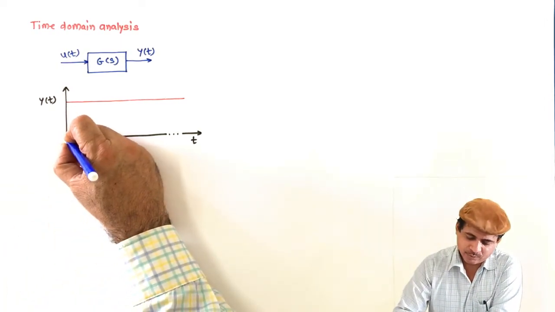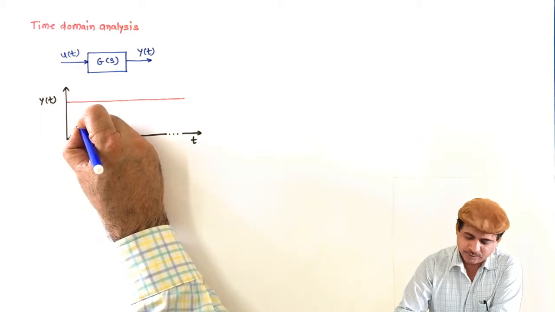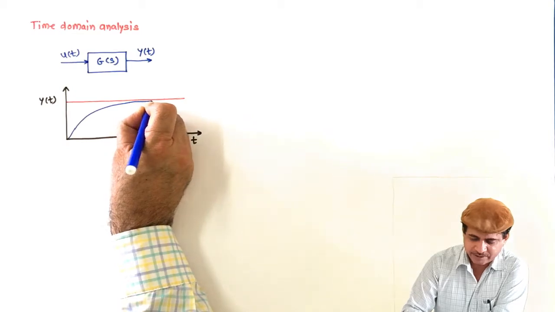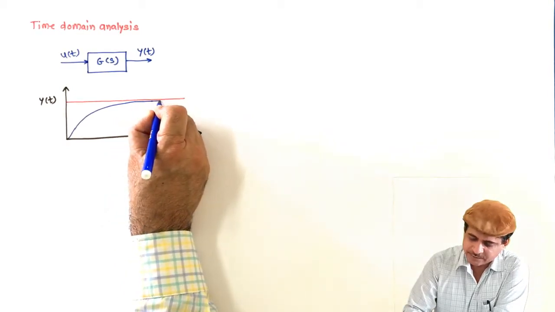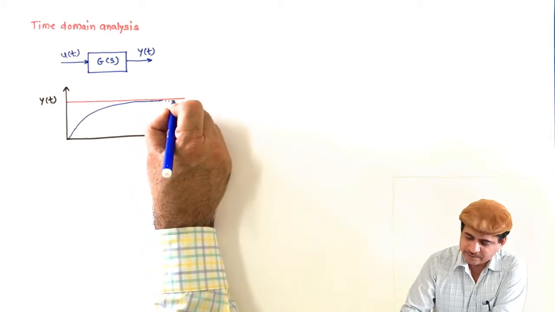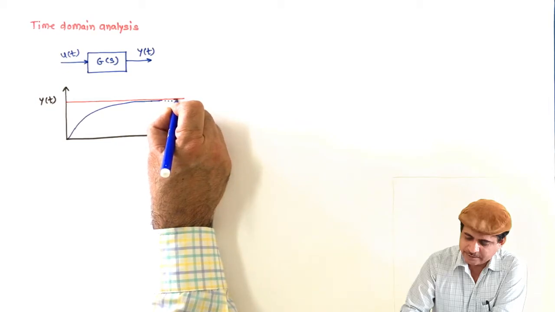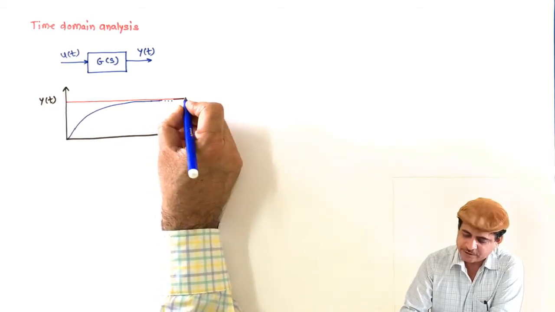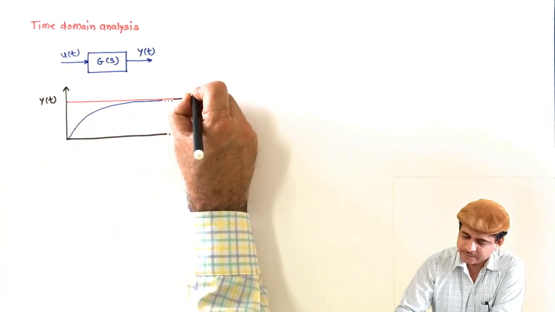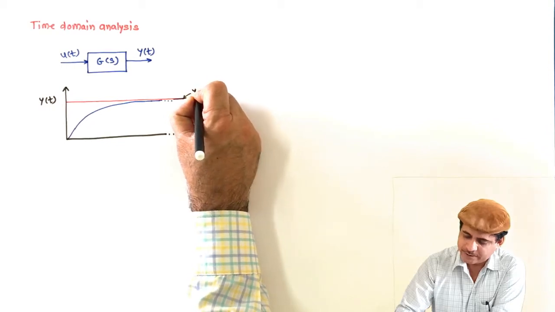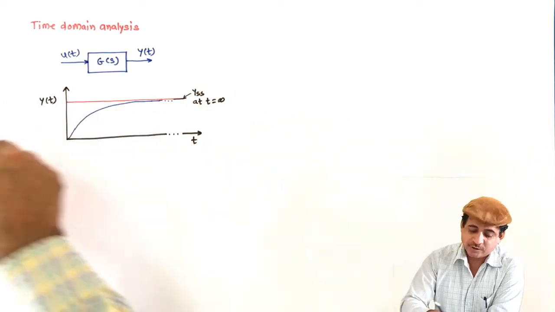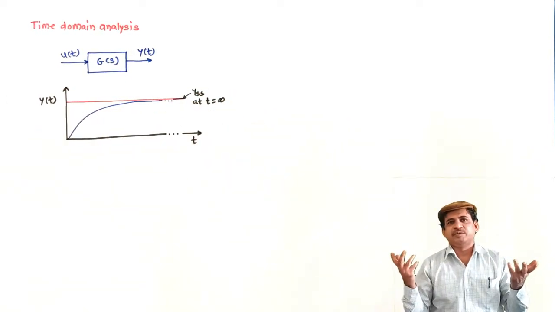Say, for example, output starts responding to the input and it approaches the steady state as time t increases. I am giving here a break, and then let this be, which is fictitious, say here steady state, say yss at t equal to infinity, so that is, it is fictitious. T equal to infinity we can never get.